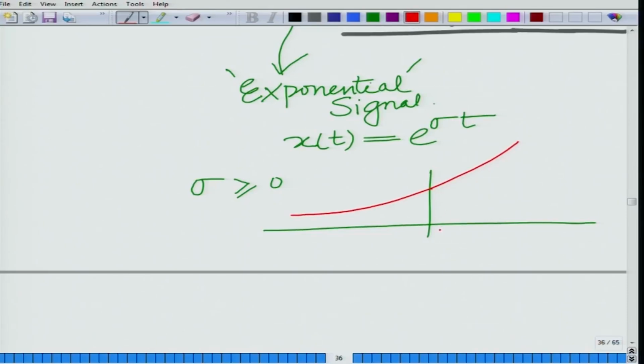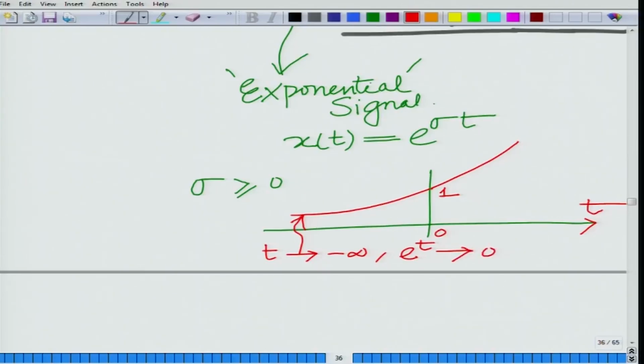At t equal to 0, it is 1, and as t tends to minus infinity, e to the power of sigma t tends to 0.